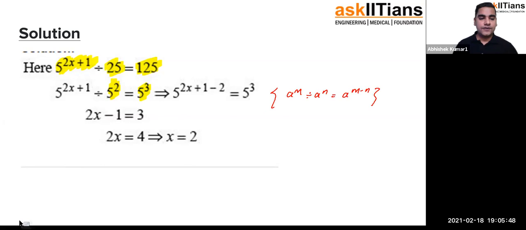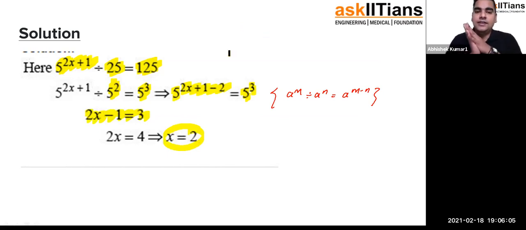So it can be written as 5 raised to the power 2x plus 1 minus 2, which is equal to 5 raised to the power 3. You will get 2x minus 1 is equal to 3, and thereafter solving it, you will get x equal to 2, which is the answer here. The value of x must be equal to 2 for this situation to be true. Clear?